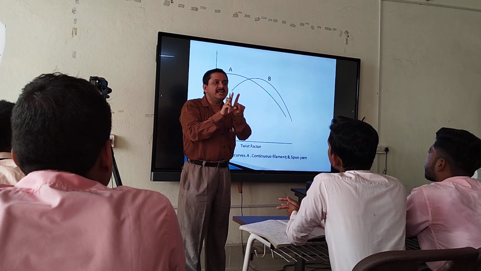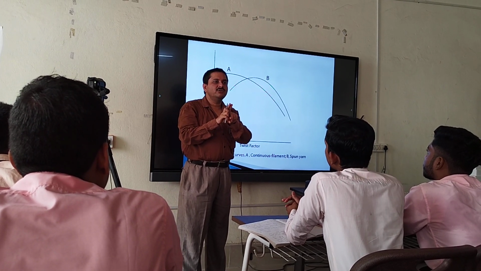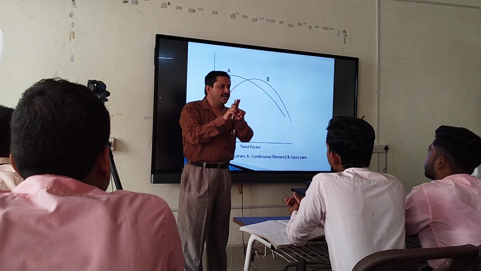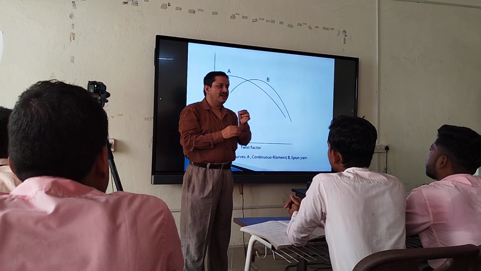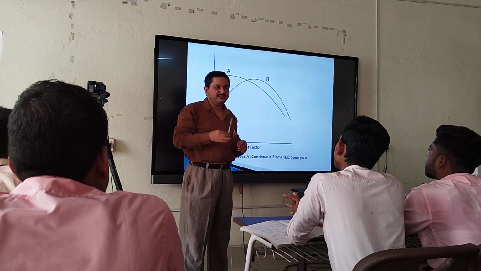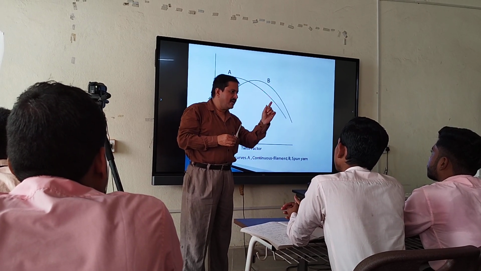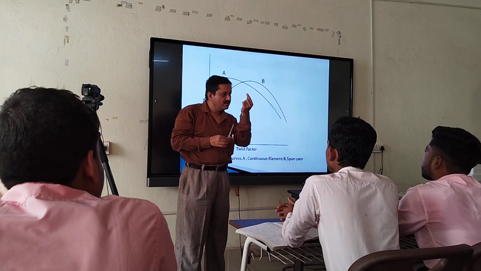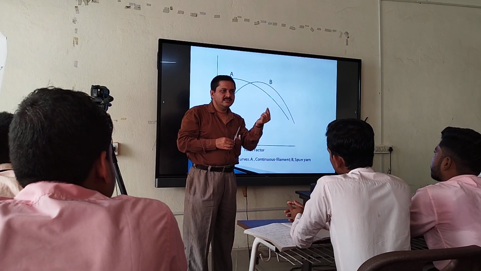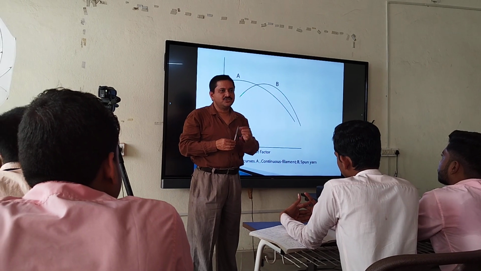Due to the clustering effect of the filaments. Do all filaments have the same strength? No. Some filaments have a weak point, or something less. Some filaments have higher strength.